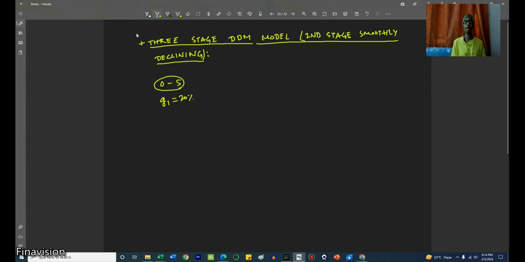From 5 to 20, say 5 to 20, this growth rate begins from 20 and ends at G3, which is equal to 10%. So from t is equal to 5, it remains at 20. At t is equal to 21, it reaches 10%.